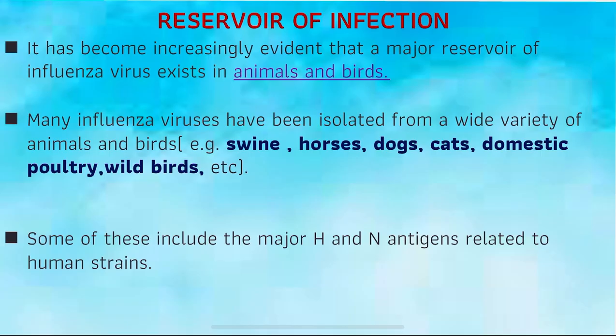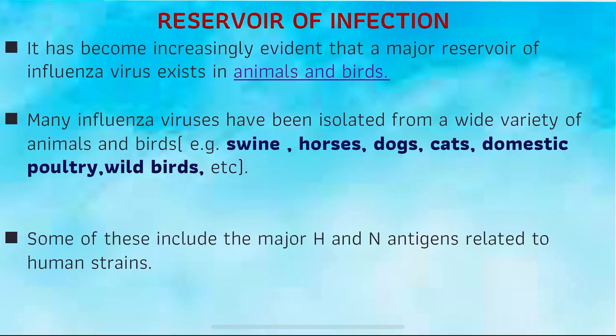Moving further to the reservoir of infection. It has become increasingly evident that the major reservoir of influenza viruses exists in animals and birds. We saw it exists in horses, pigs, birds, and marine animals.